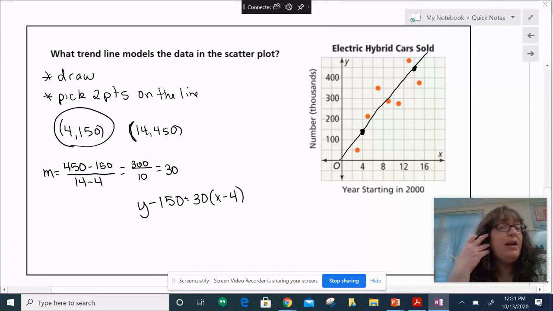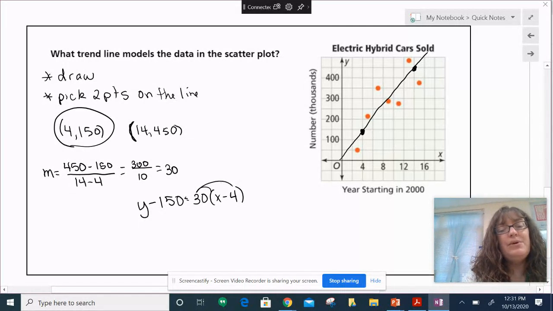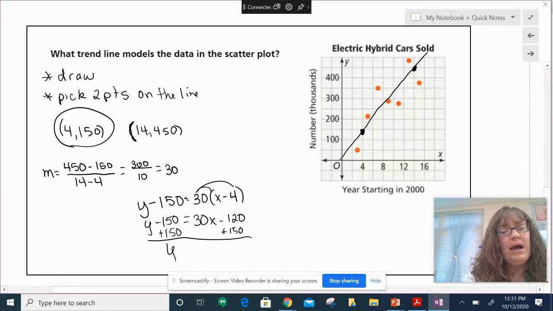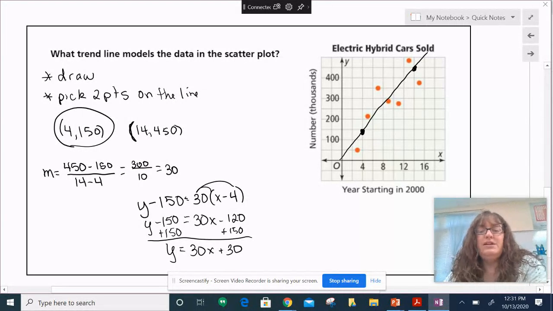Now, we like to write our equations in slope-intercept form, so I'm going to go the 2 extra steps and say that this becomes 30x minus 120. And then I still have the y minus 150 over here. And I'm going to add the 150 to this side, and I end up with an equation of y equals 30x plus 30.